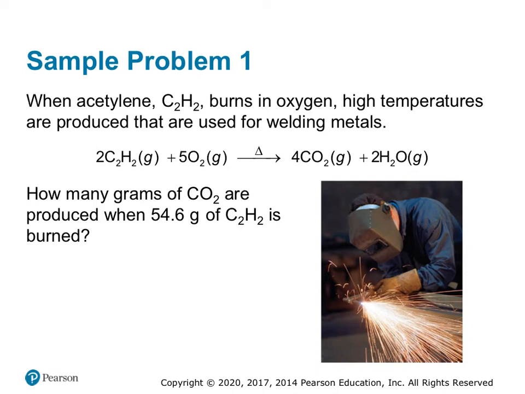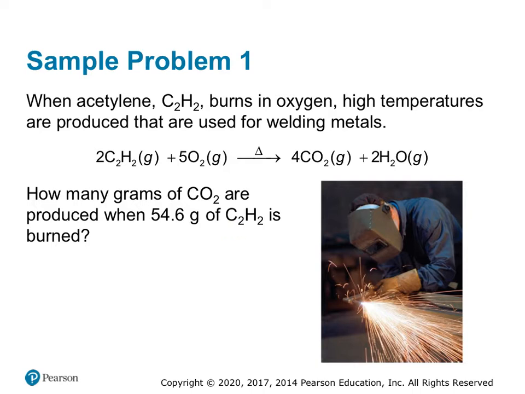So here in our first sample problem, it says that acetylene, which is C2H2, undergoes combustion, burns in oxygen. It's used in welding cutting torches. So here's the balanced equation. Acetylene and oxygen produce carbon dioxide and water. So the question then becomes, if I have 54.6 grams of acetylene, how many grams of carbon dioxide are produced?